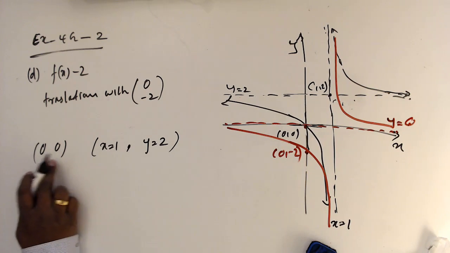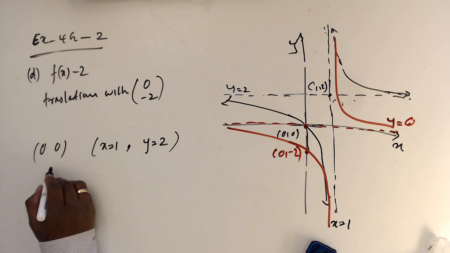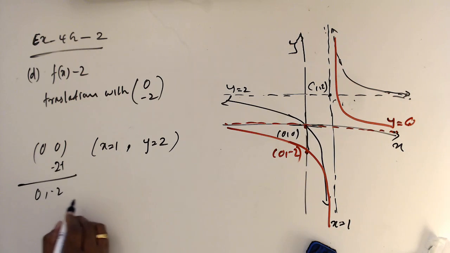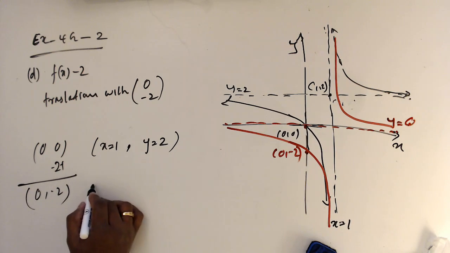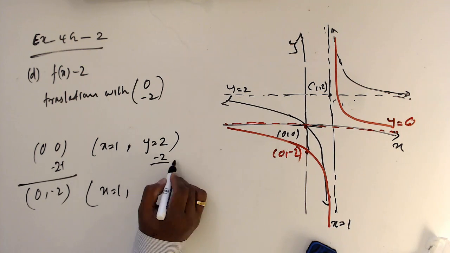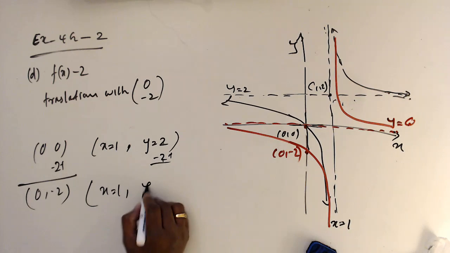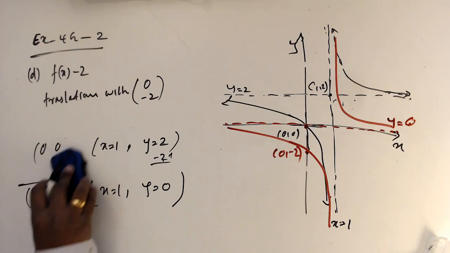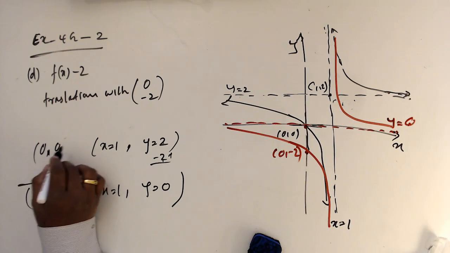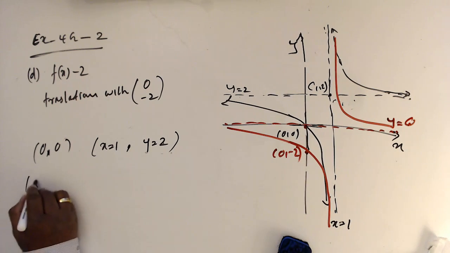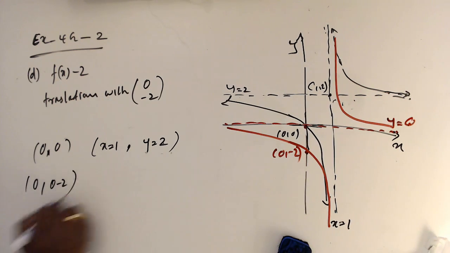So we don't touch x. We only make an adjustment for y. So if I add, this is going to be minus 2. This is the new point. X equal 1 stays as it is, and y equal 2 minus 2 is going to be 0. Or the best way of adding it: this is 0, 0, so 0, 0 minus 2.